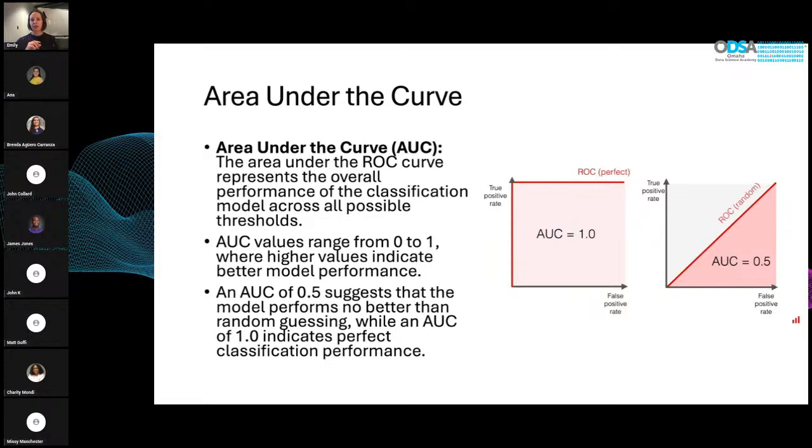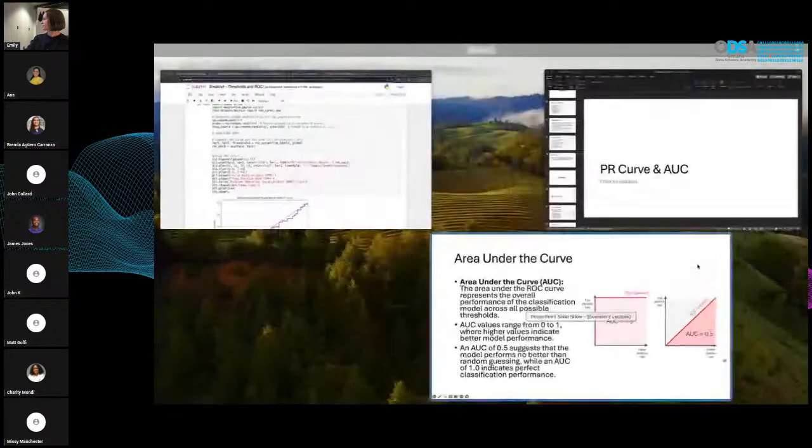While the ROC curve is measuring the performance across all the probability thresholds, the AUC takes the area underneath that curve and calculates what is the area under this, and that is the score that we're going to get out of this.